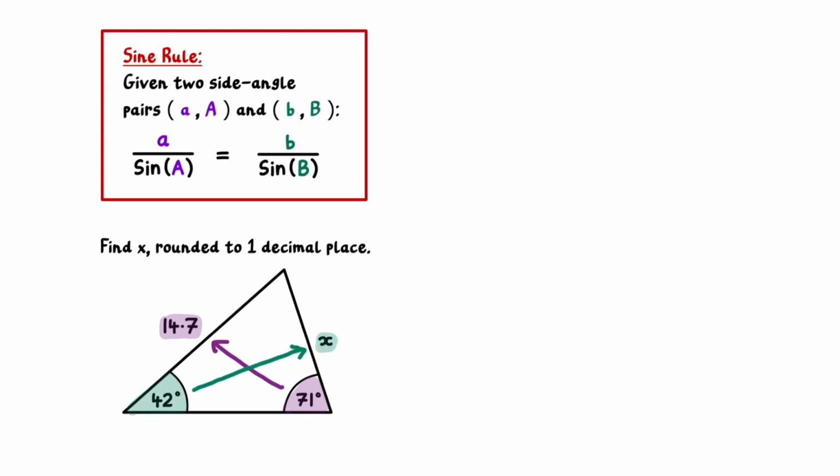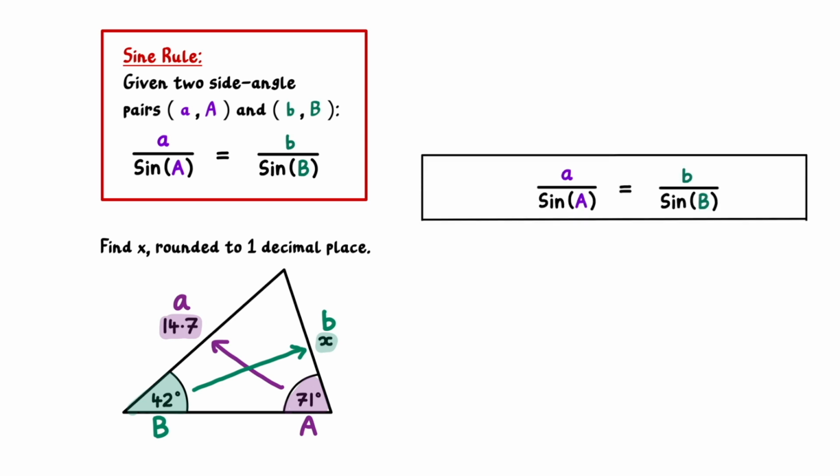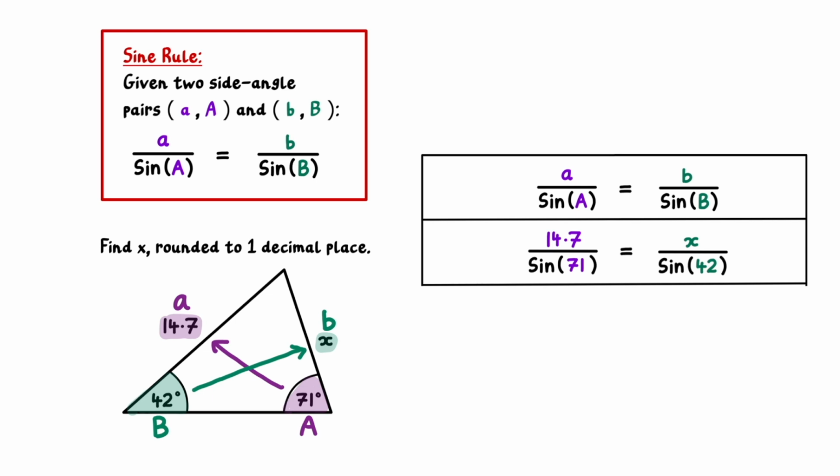We should label these pairs capital A, lowercase a, capital B, lowercase b. The sine rule states that a over sine of capital A equals b over sine of capital B. Writing in our values tells us that 14.7 over sine of 71 equals x over sine of 42.